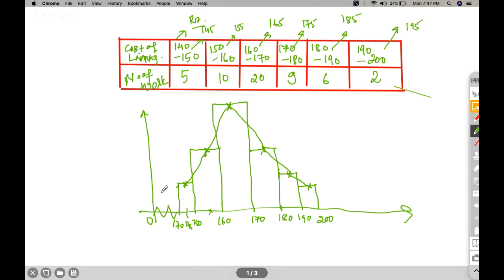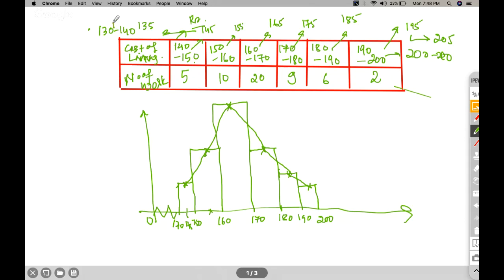And why is it not fully ready? Because I have to extend it on the left and right to 0. This is 145. The class interval is 10. So I put a point at 135, and on this side at 205. Why am I going beyond by one interval? Because the previous interval to 140 to 150 would be 130 to 140 on this side, and 200 to 210 on the other side.